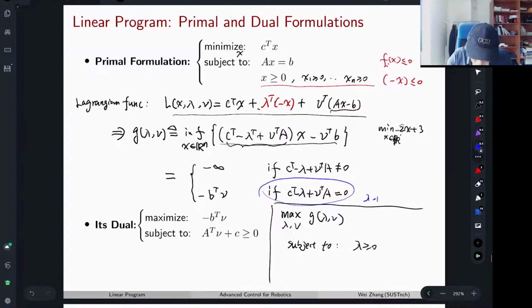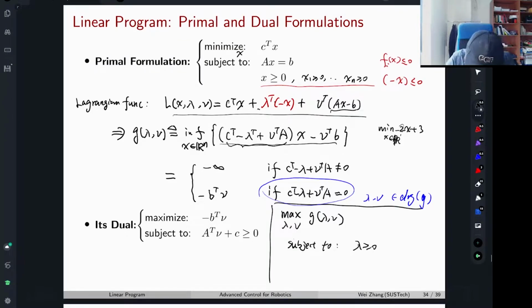If lambda and nu satisfy this, it means this is dual feasible, or belongs to the domain of G, for which G is not infinity or negative infinity. But you can see that we only need to optimize over where the equality holds, because otherwise the value is always negative infinity.